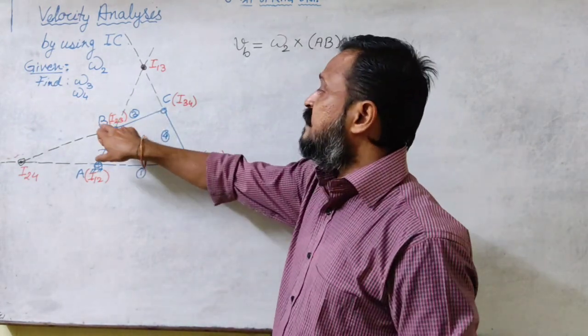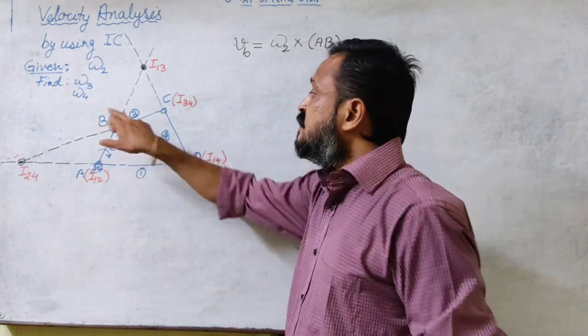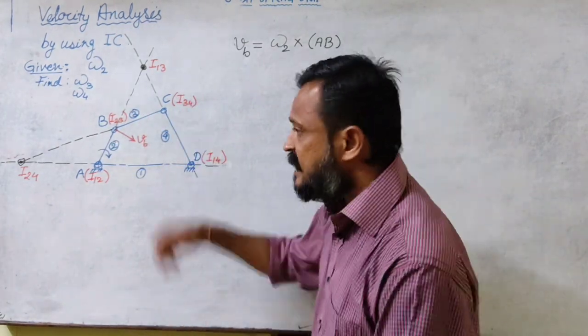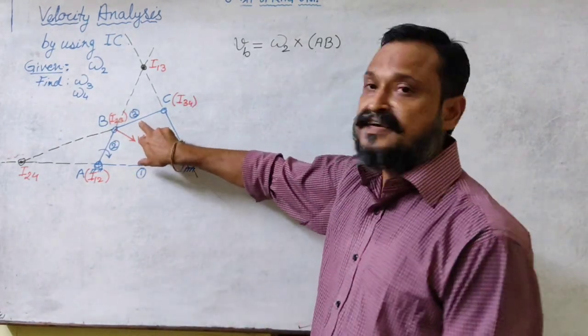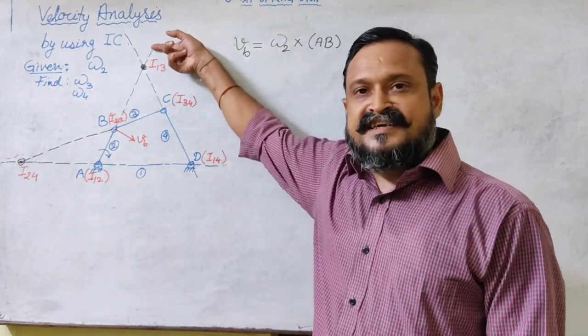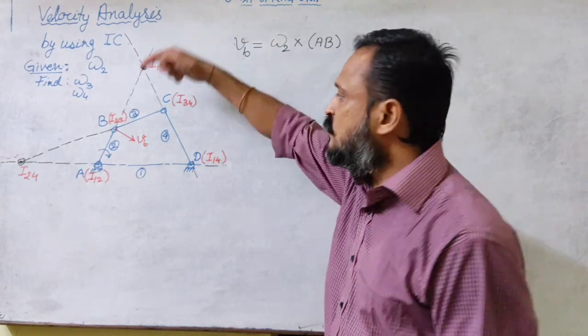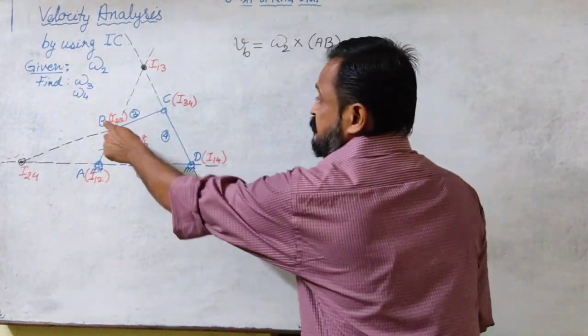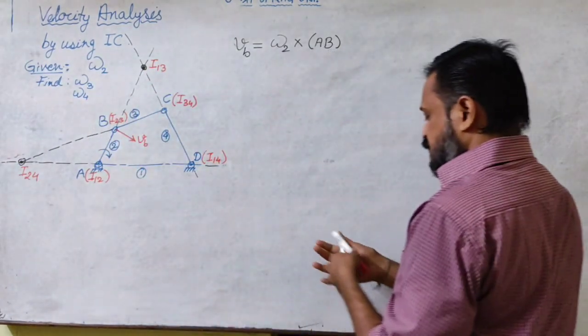So now when I consider B on the link 3, at this instant link 3 is rotating about the instantaneous center I 1,3. So I can say that very well the velocity of B is not going to change.